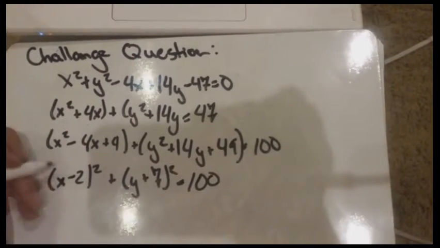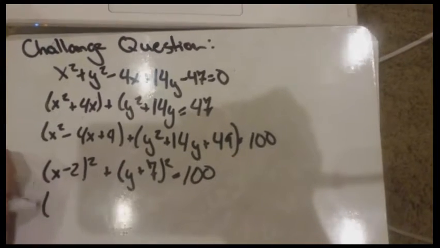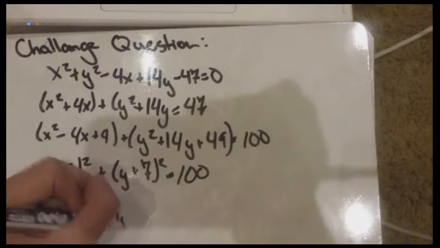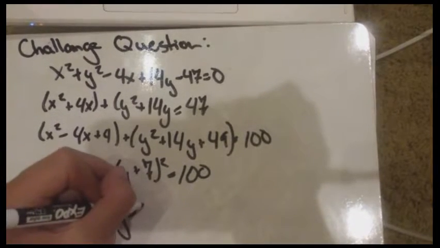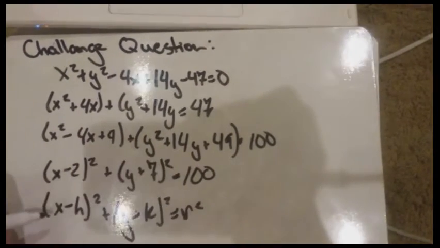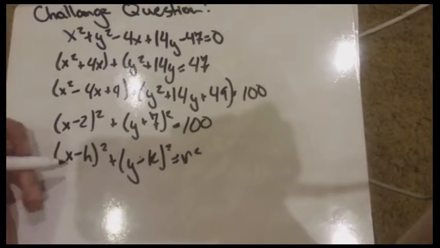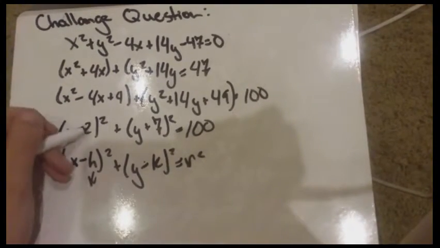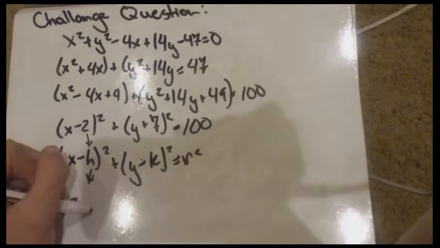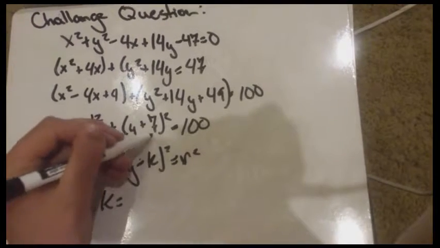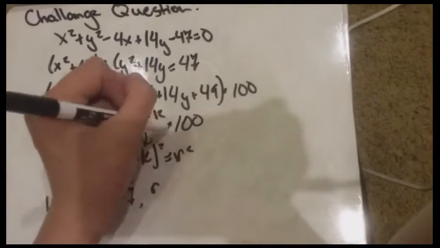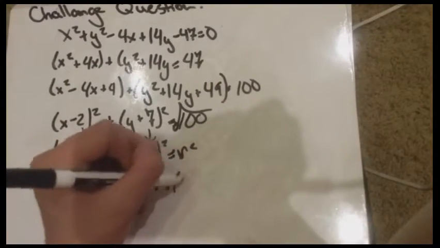And just to make sure we got it, I'm going to write down the original equation, which is (x minus h) squared plus (y minus k) squared equals r squared. So then after that, you know h is going to be 2, and k will equal negative 7, and r, once you square root the 100, you're going to get 10.